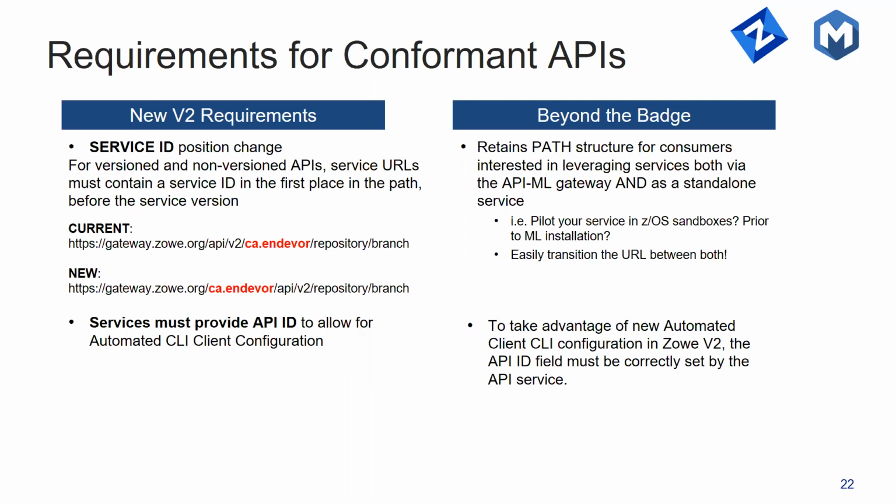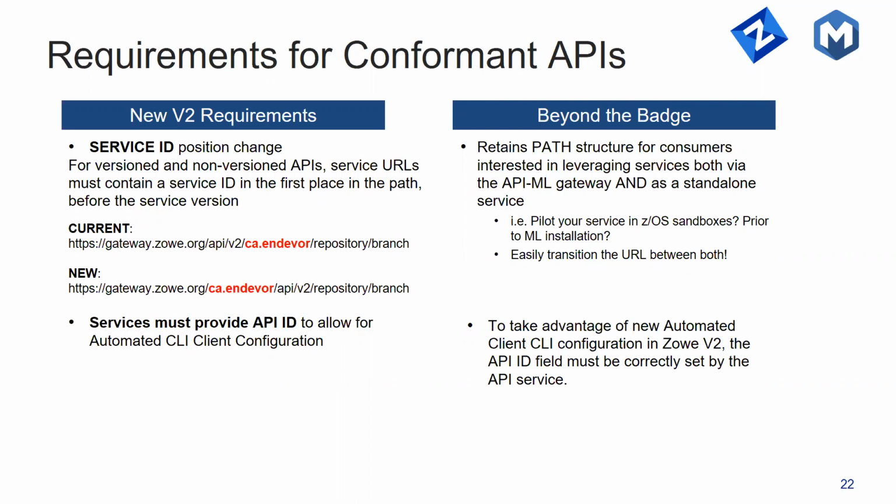The second bullet point there: services must provide API ID. The API ID parameter specifies the API identifier that's registered in the mediation layer installation. So it's a unique identifier for the type of API in the mediation layer. Essentially, what we're asking is that this is correctly set by your service.